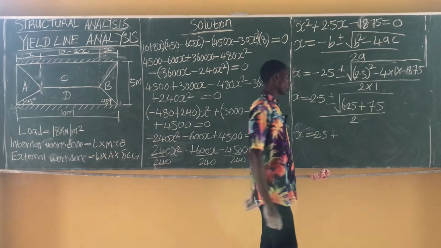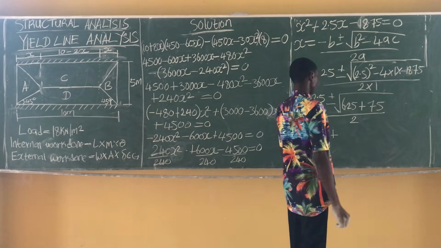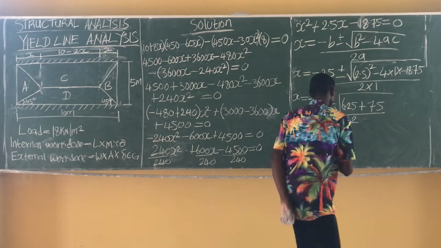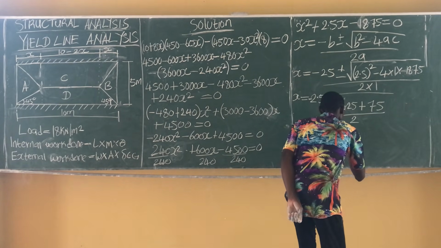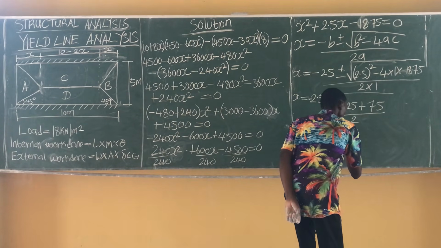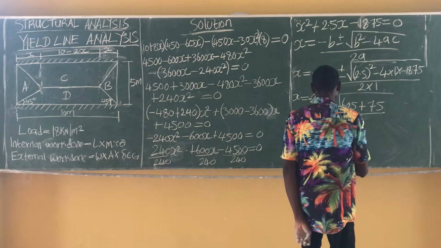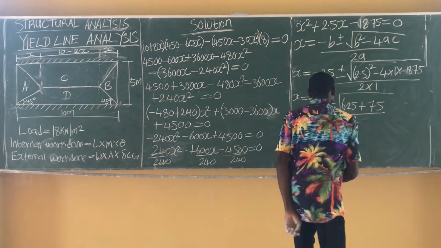Yes, okay. So the square root of 6.25 plus 75 is 9.01, all over 2.